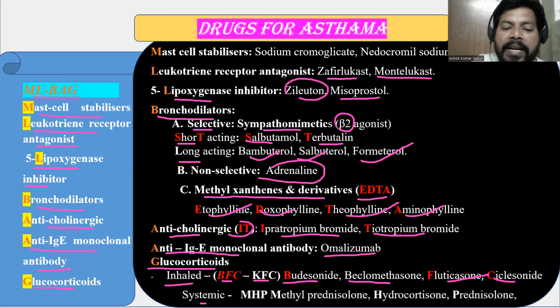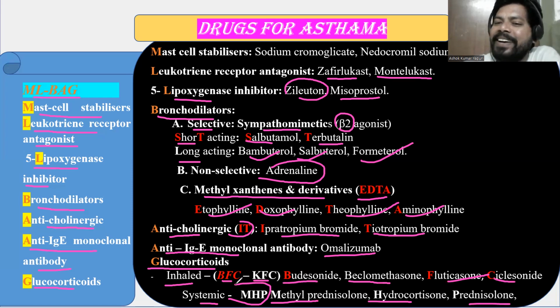Next, the systemic category, directly into the blood through the IV route, with drugs like methylprednisolone, hydrocortisone, prednisolone, and the trick is MHP, most happening place. So simply, you can easily remember drugs for asthma by using tricks as well as interesting mnemonics, like this crazy and interesting information in the way of easy learning regarding pharmacy.